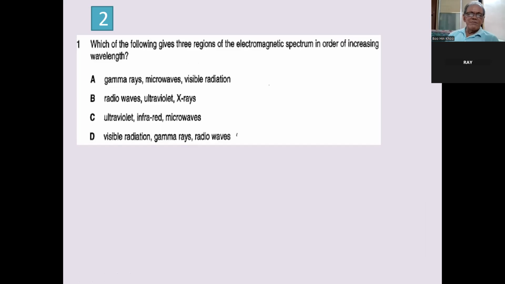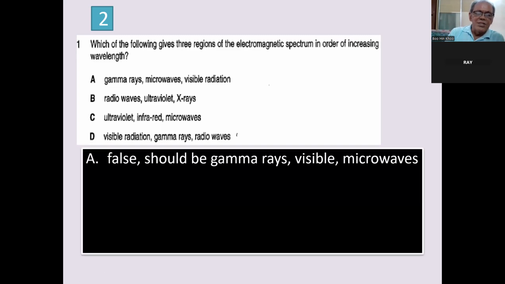Okay, which of the following gives three regions of the electromagnetic spectrum in order of increasing wavelength? Increasing wavelength. Gamma. A is wrong.